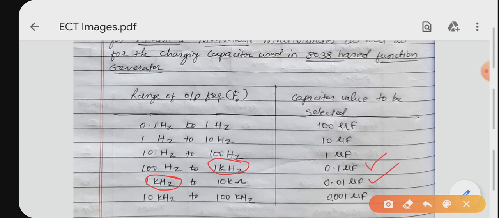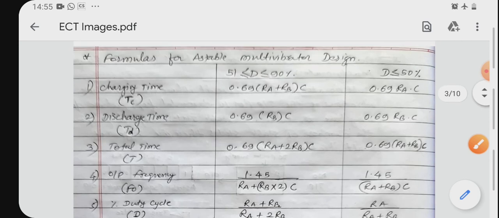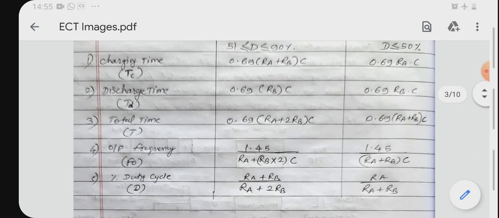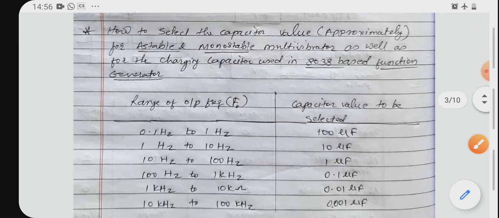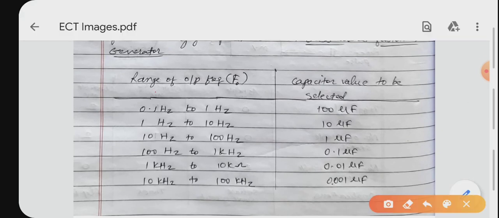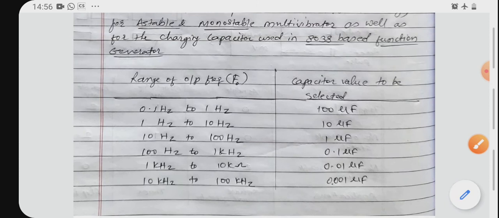So this is just a guideline to select the external capacitor. These 5 formulas for the design of multivibrators are in your syllabus. There is design of astable and monostable multivibrator; bistable is not included. Along with these formulas you have to keep in mind these guidelines, depending on the range of frequencies, for the values of capacitors to be selected. Okay, now let us solve the problems based on it.